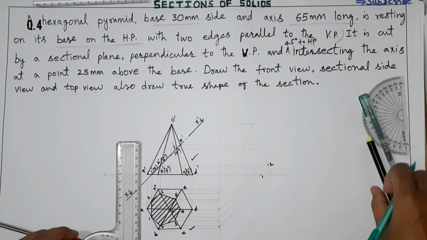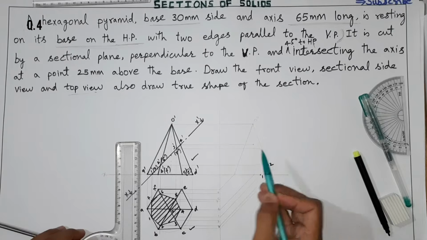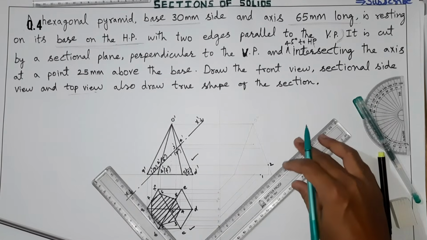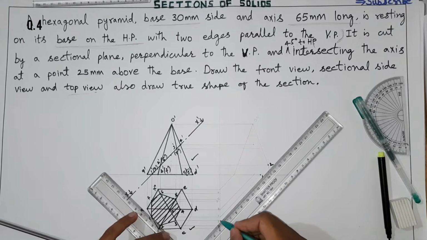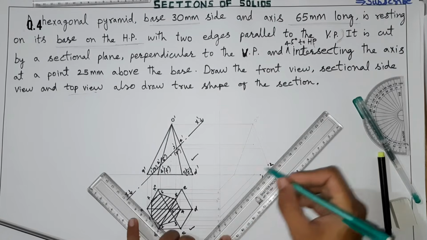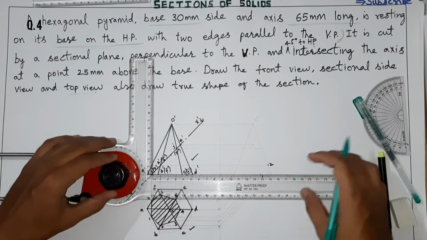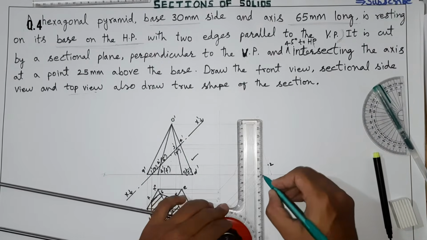Now point number 3, where is it? Point number 3 is here. This projector also I have taken here. We will project point number 3 here, and now from here we will take it at 45 degree in the side view. Point number 3 goes like this, and from here this point 3 goes vertically upward.